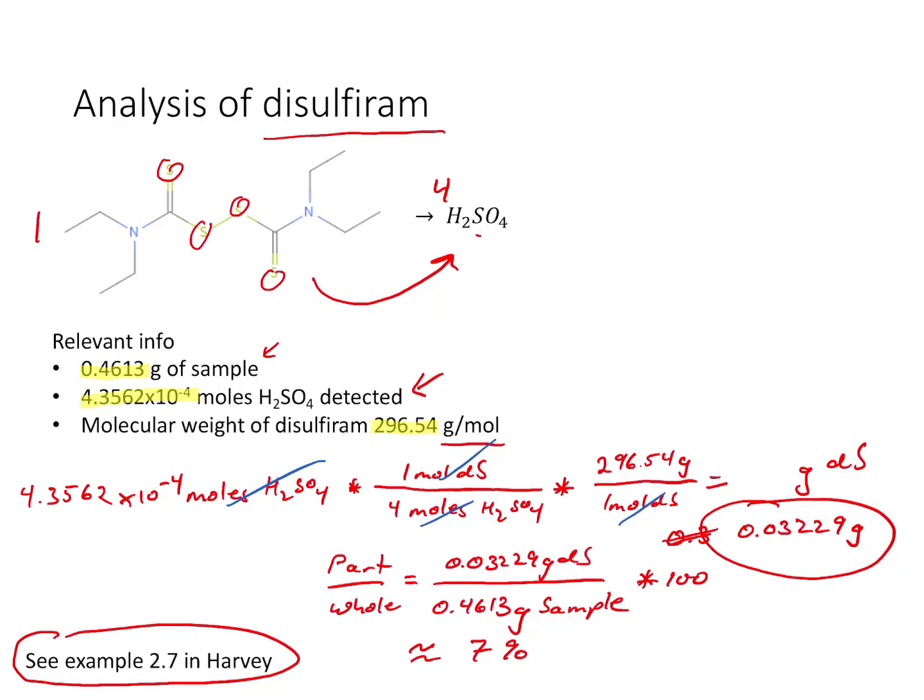The key is knowing what the stoichiometric ratio is between the reactant of interest and the product of interest, in this case disulfiram and sulfuric acid, and making sure that the analytical process does not involve sources that could complicate matters. In this case here, if we had another reagent that had sulfur in it or another product that had sulfur in it, we could not do this process. We would need to know more information about the chemistry. So the analytical process is designed to help us minimize those types of challenges.